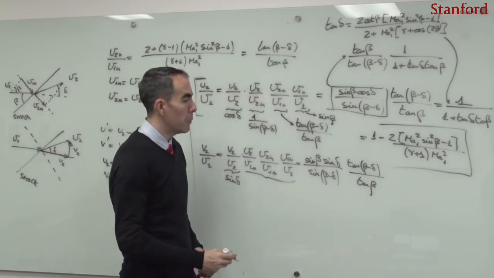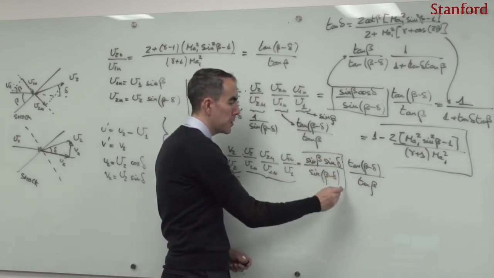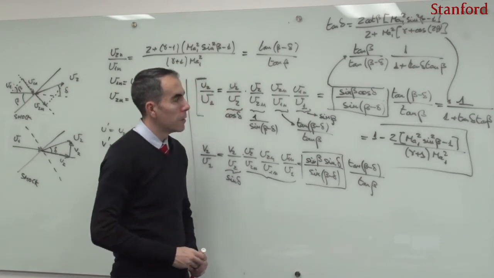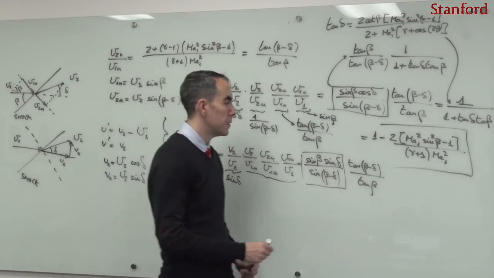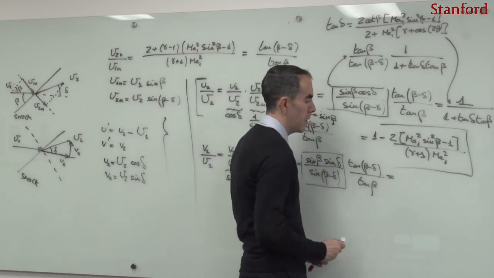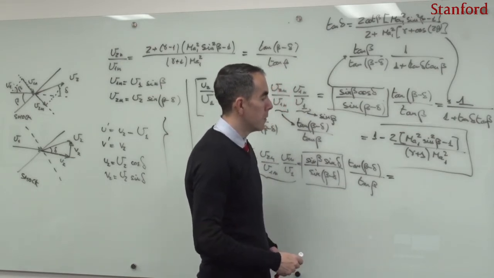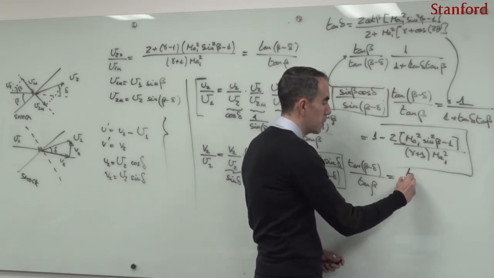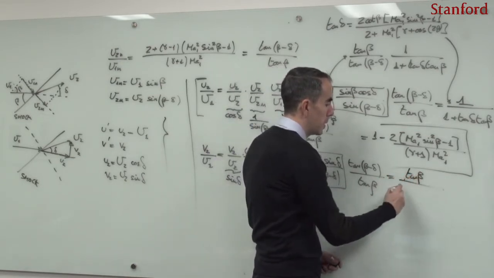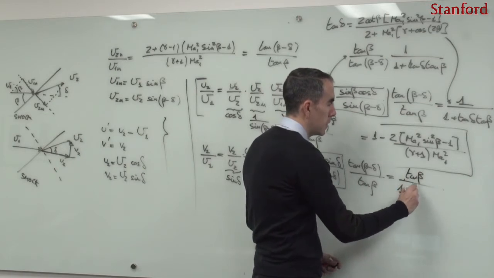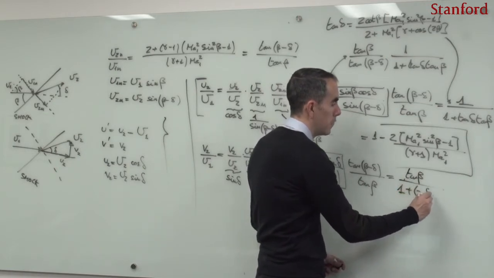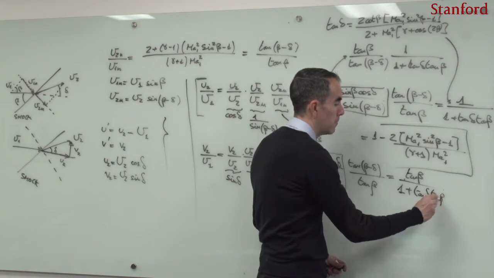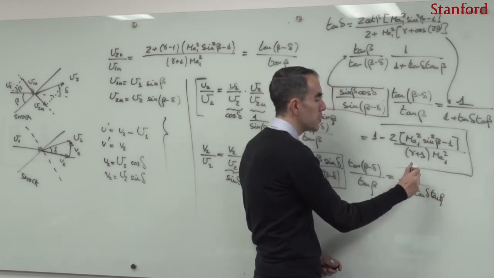Or again, one can operate here with the trigonometric identities to simplify this coefficient. And then at the end, one is going to obtain an expression that is equal to the tangent of beta divided by 1 plus the tangent of delta multiplied by the tangent of beta. It should be the tangent of delta, sorry.